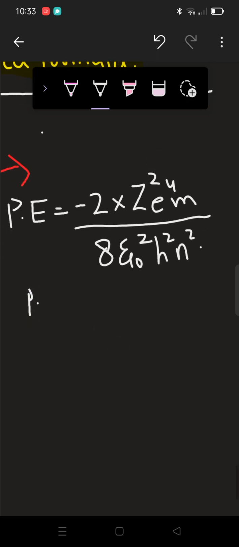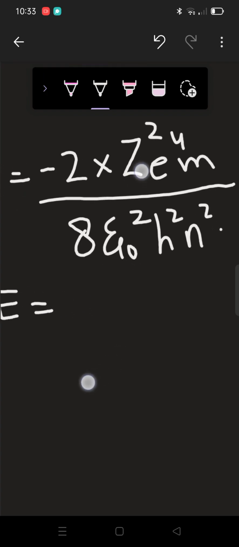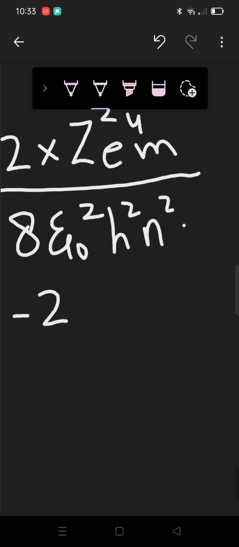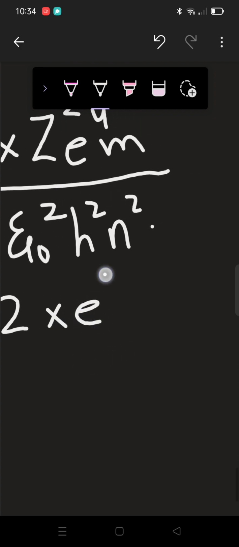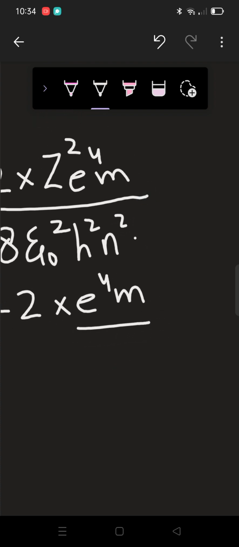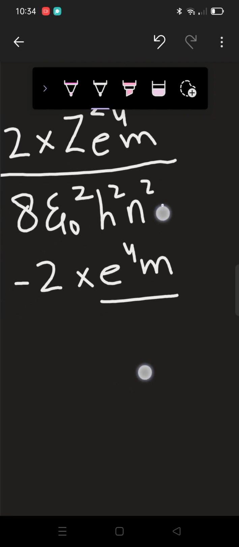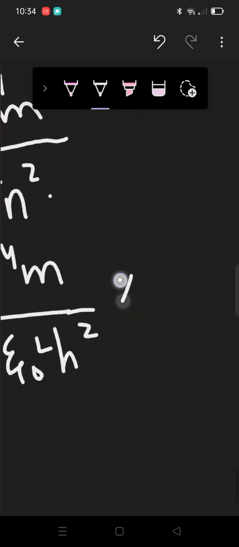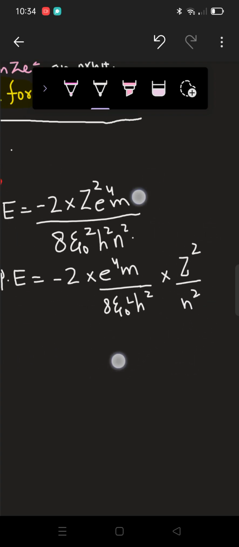Now let's separate the constants. PE is equal to minus 2, which is constant, into e power 4, constant, m, constant, upon z square, which is not a constant because the atomic number changes for every atom. 8 is constant, epsilon naught is constant, Planck's constant is constant, but the shell number is not constant. So z square by n square are not constant, however this is constant.